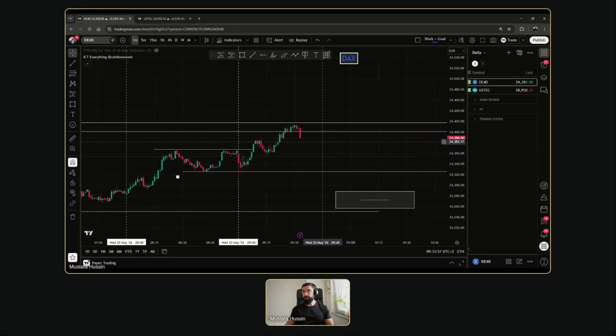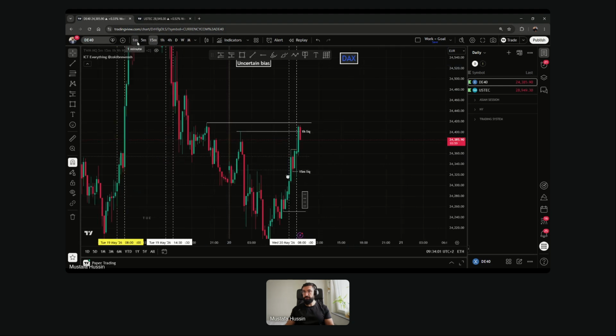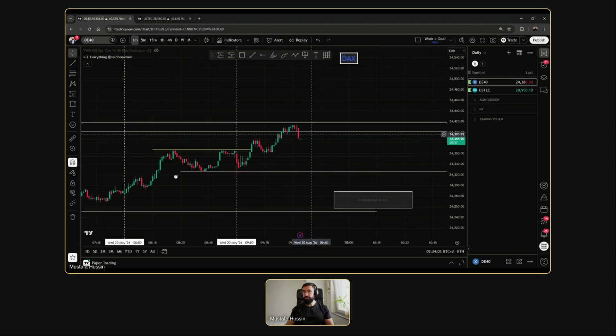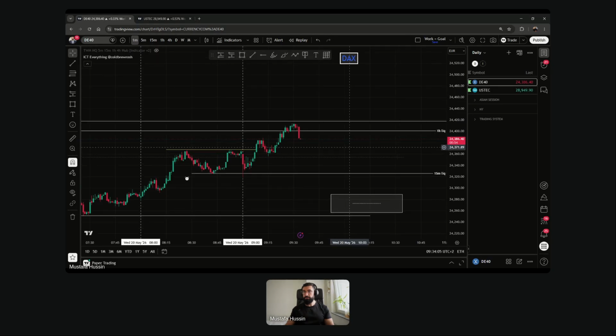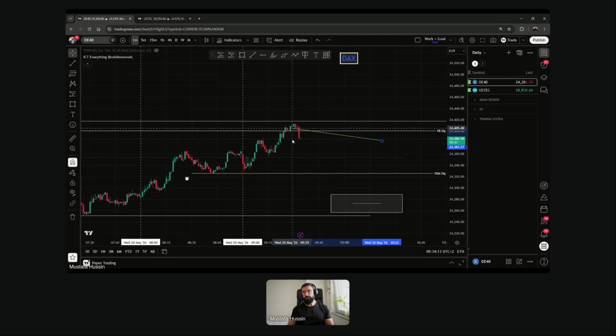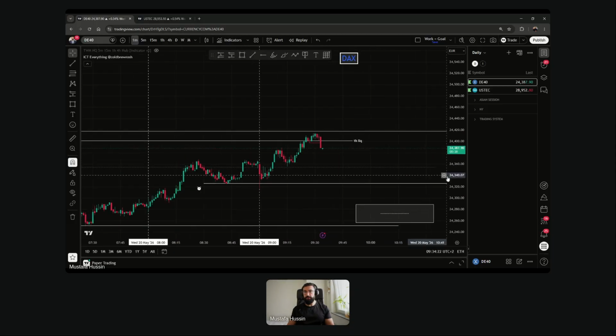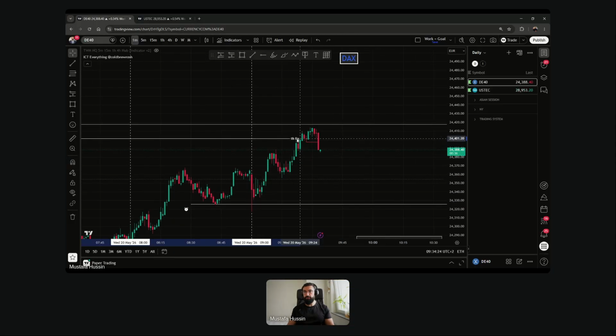All right, nice candle to the downside on the DAX. Let's see what it wants to give us. Just broke structure right there. And our liquidity swept.